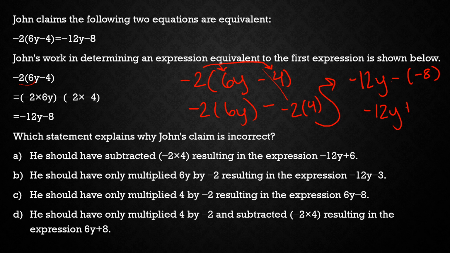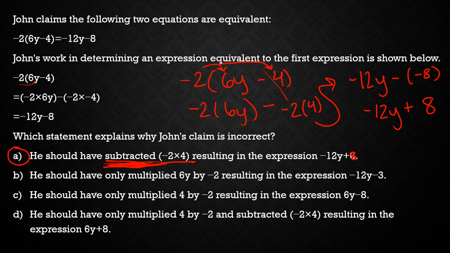So I'd have negative 12 plus 8, which this one here should be an 8. So what he should have done was he should have subtracted negative 2 times 4. That is what he needed to do. He needed to subtract here and not multiply it by that negative.